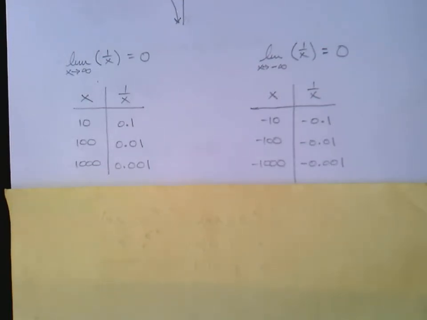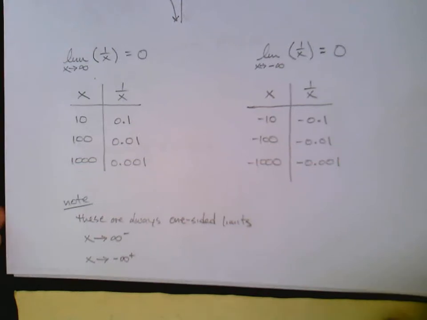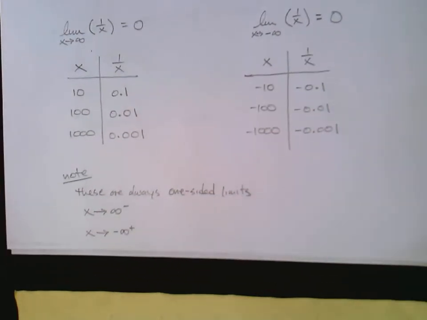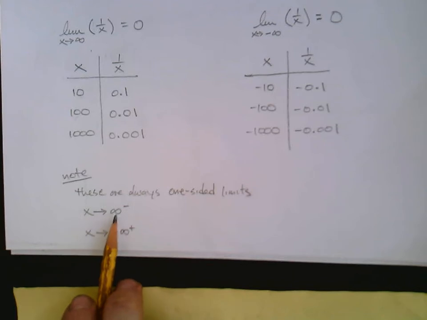Before moving on to more difficult examples, I just want to make a quick observation here. Note, limits at infinity are always one-sided limits. We don't write the little negative or the plus, but as x approaches infinity, you can only do that from the left side.